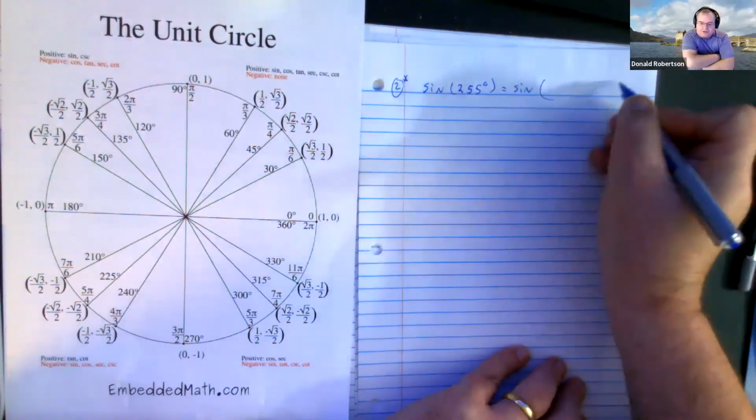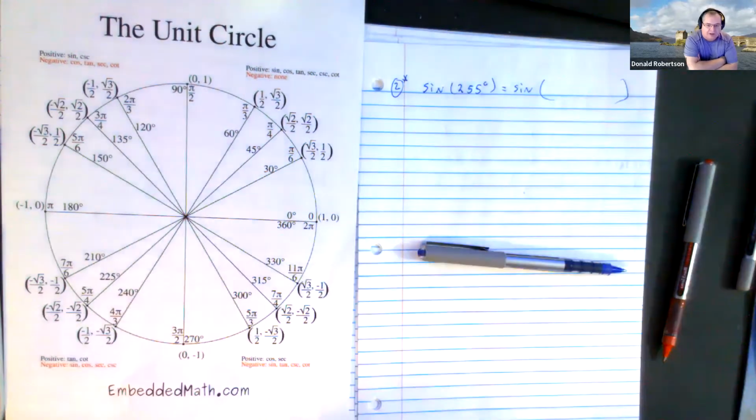Two things added or two things subtracted that come to 255. I've already found one. Hopefully you can as well.